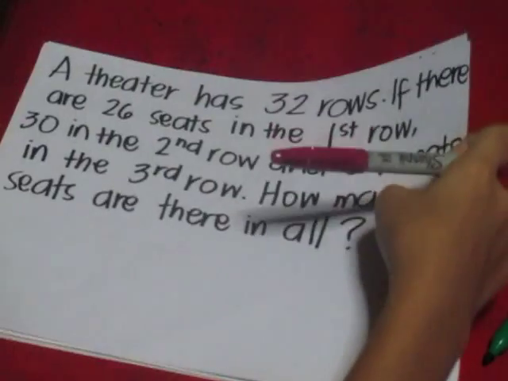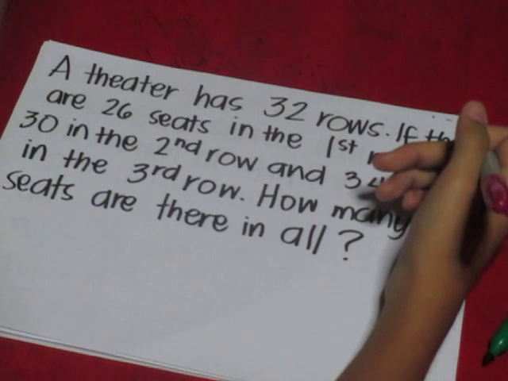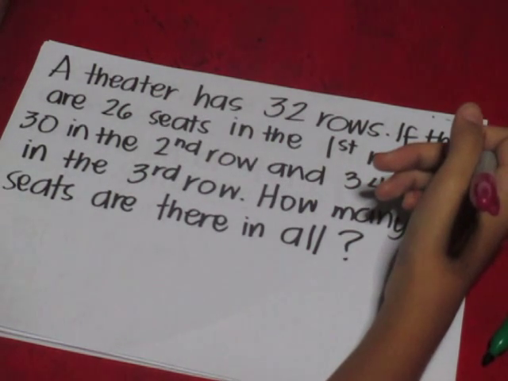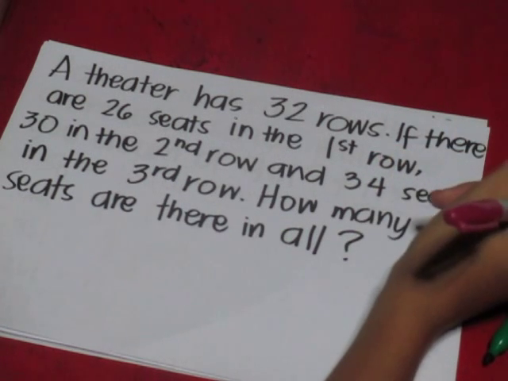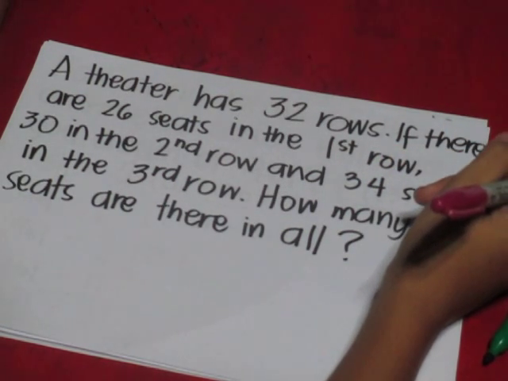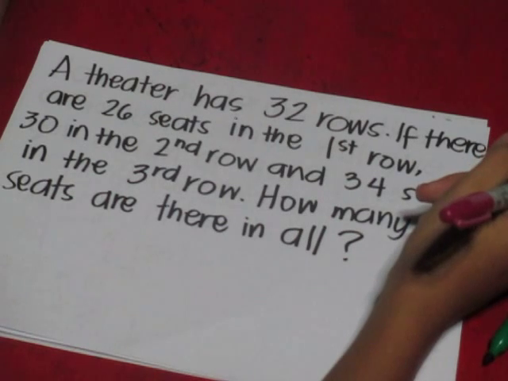So for our last example, a theater has 32 rows. If there are 26 seats in the first row, 30 in the second row, and 34 seats in the third row, how many seats are there in all?